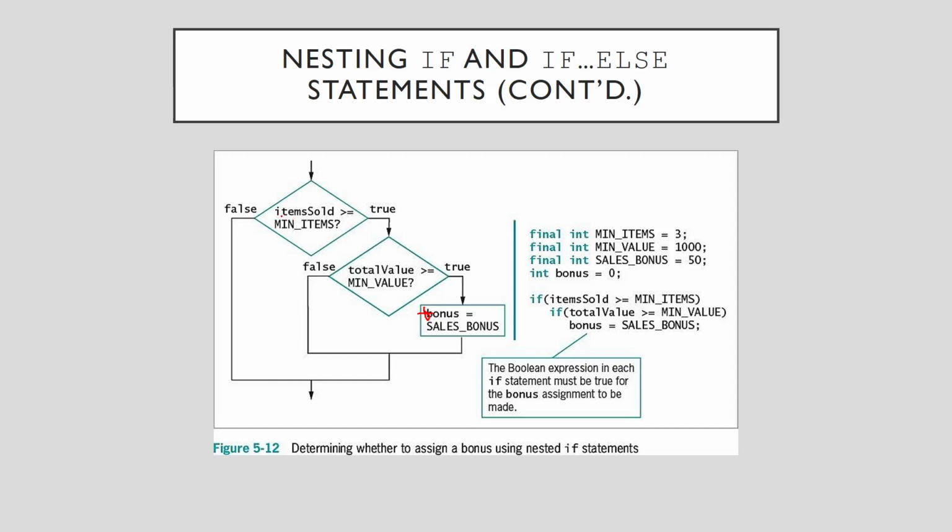It will look like this: items sold is greater than or equal to min items, and total value is greater than or equal to min value, then bonus is equal to sales bonus. Since these two Boolean expressions must be true, you can combine them into one statement.